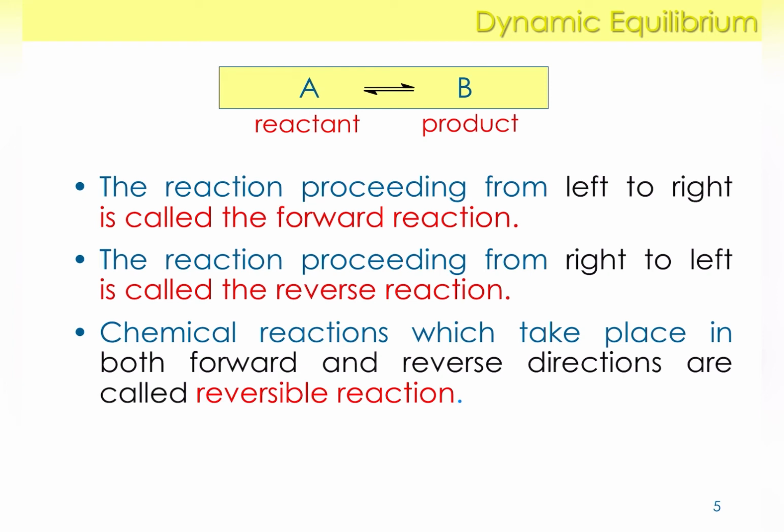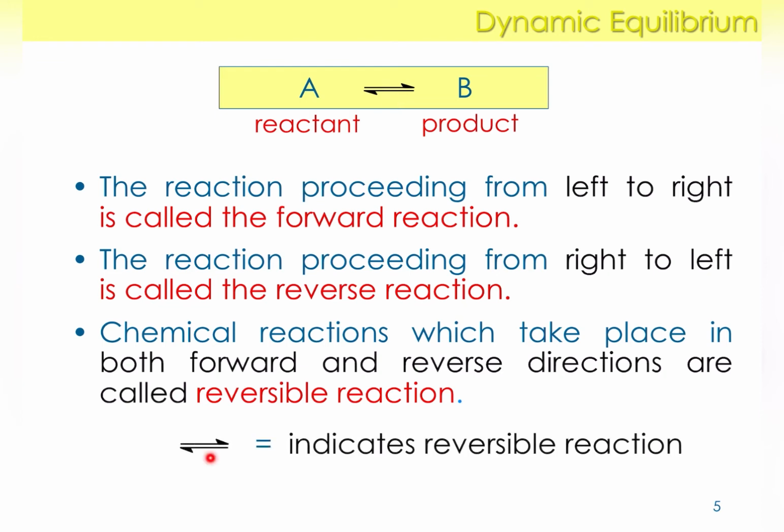And as you see here, the sign for the arrow is quite different, which is you have to write it down like this, not in one arrow just like this one. This one is not acceptable for reversible reaction because this is only for non-reversible.